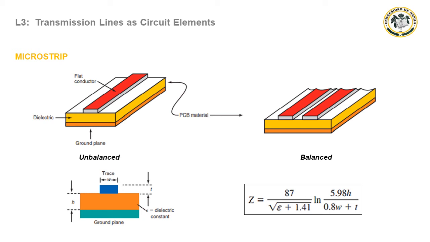For example, the characteristic impedance of a microstrip with the dimensions h equal to 0.0625 inches, width of 0.1 inch, and thickness of 0.003 inches, using a dielectric of 4.5 with this formula, will result in 53.9 ohms.